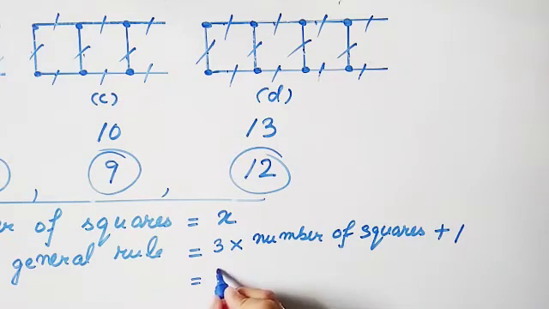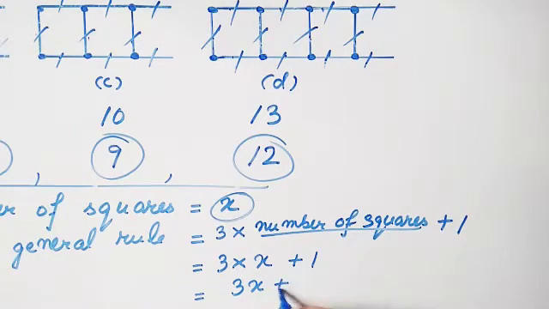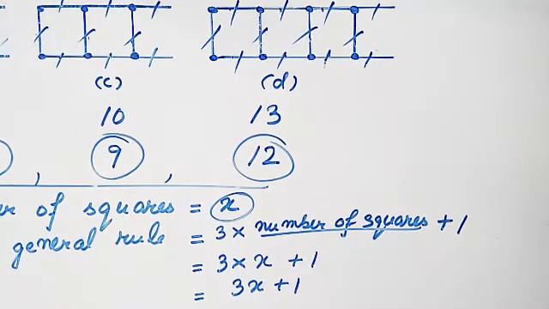Then it means 3 times, what is the number of squares we have taken to be? Yes, the variable x. So 3 times x plus 1. That is, we will get 3x plus 1. So the general rule for finding the number of matchsticks in terms of number of squares will be given by 3x plus 1.